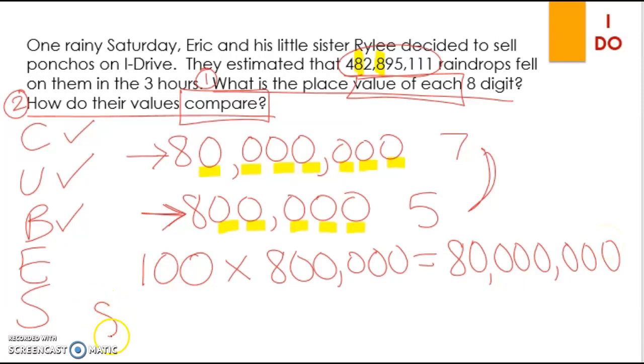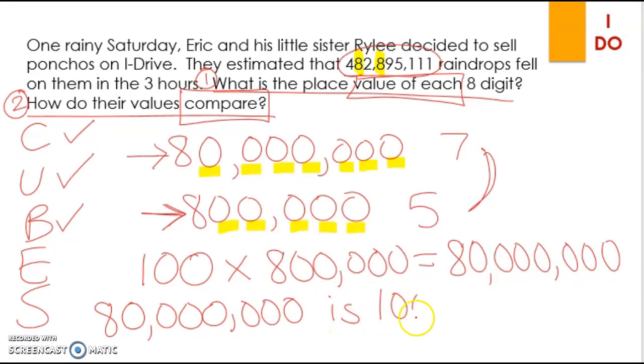I can rewrite that as 80 million is 100 times 800,000. Let's do another one.